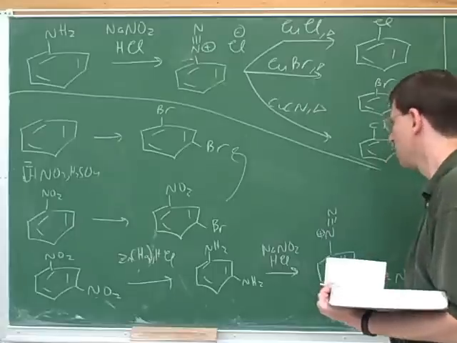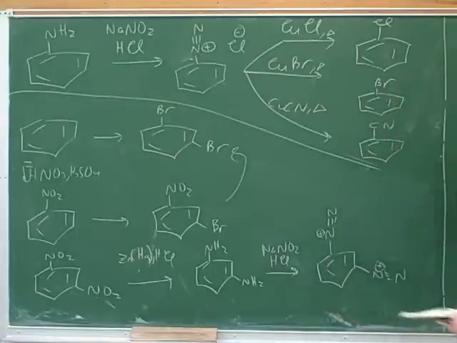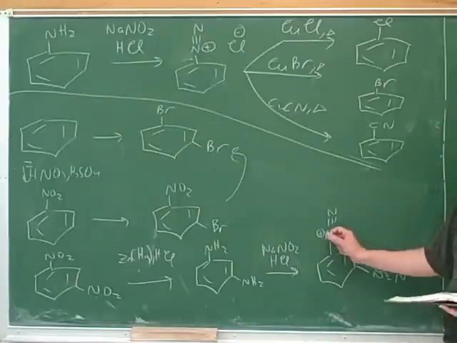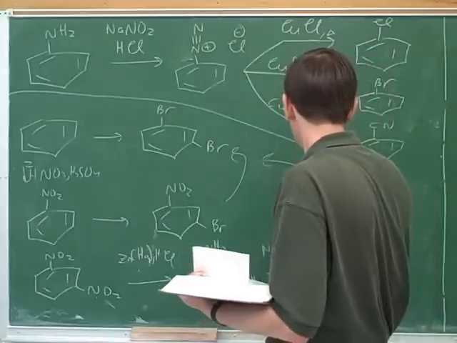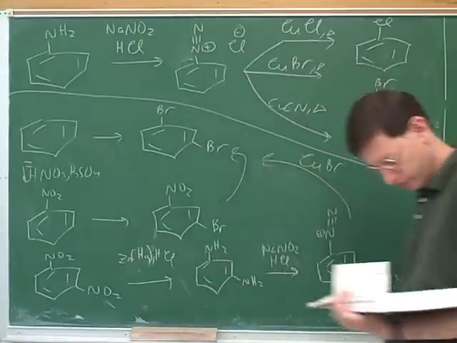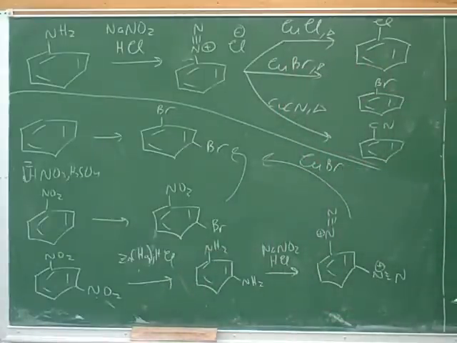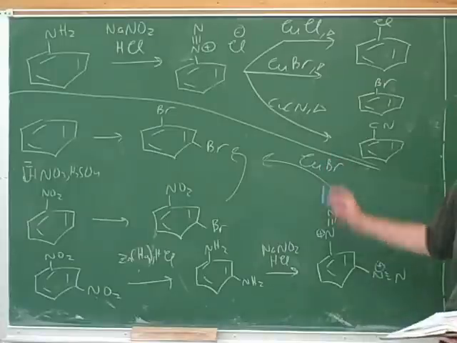And then have H3PO2. Oops. 2 equivalents. No, you don't need to. You just turn them both into Brs. Yeah, we're not actually trying to replace these with hydrogens. We're trying to replace them with bromines. I wrote it wrong then. Yeah.